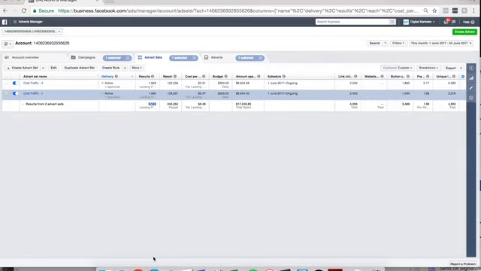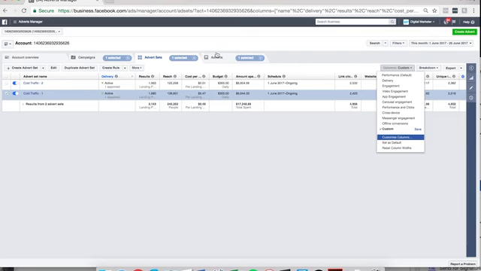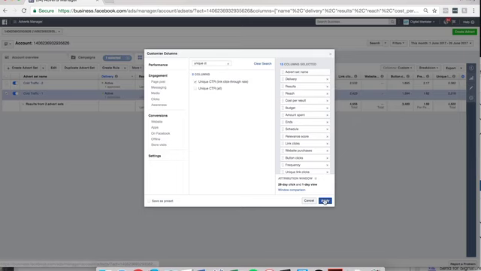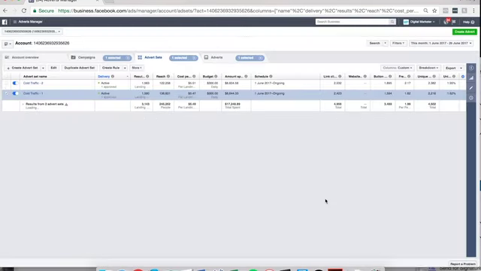And then the last metric I have on here is unique click-through rate. That's the unique click-through rate of people that are clicking on your ad. Right now, this is at 1.8%. That's pretty good. Anything over 1%, thumbs up.